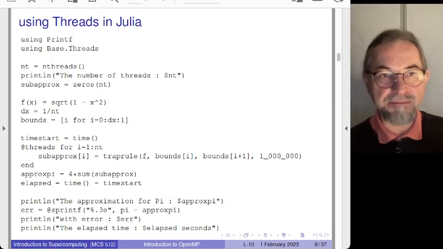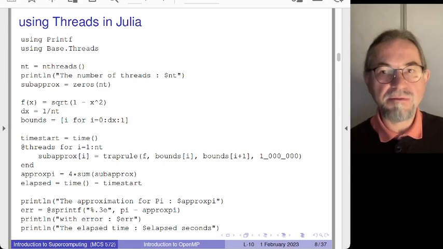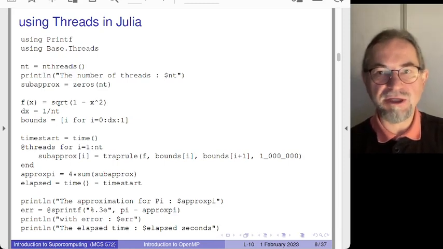At the very beginning, with nt equal to the number of threads, it is going to run a parallel for loop. We compute the bounds of the integration interval by subdividing the interval 0, 1 in as many equal parts as the number of threads.